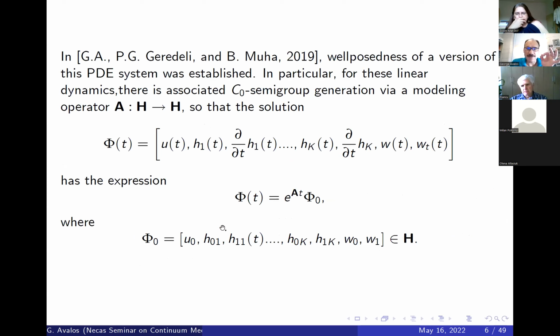Capital phi sub t, of course, is the solution vector, which contains the skinny and the thick structure components as well as the thermal component. Okay, so well-posedness is not an issue this morning or this afternoon.